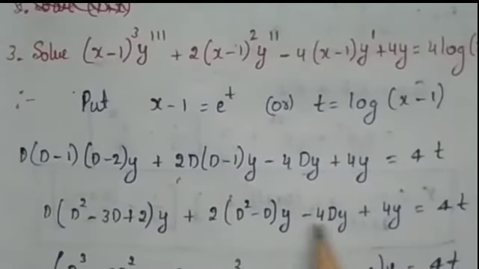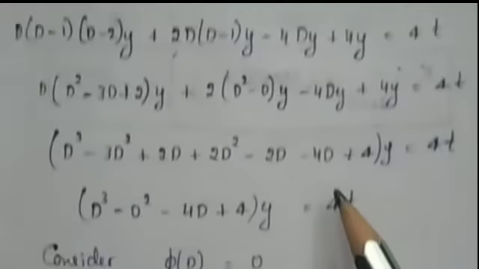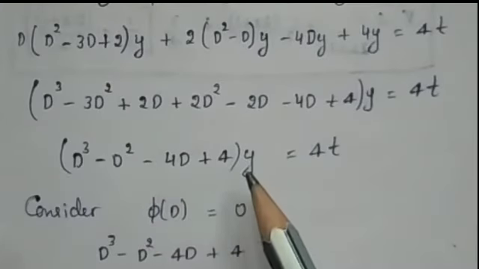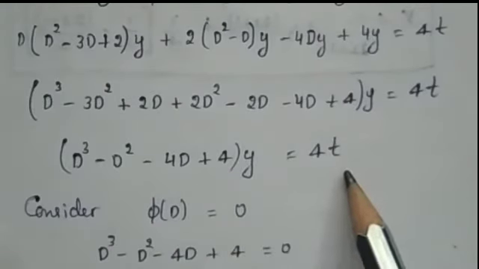You solve these equations, finally you get (D cube minus D square minus 4D plus 4) into y equal to t.